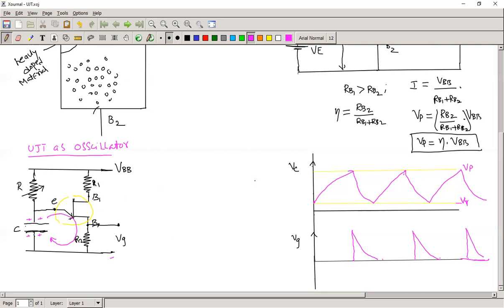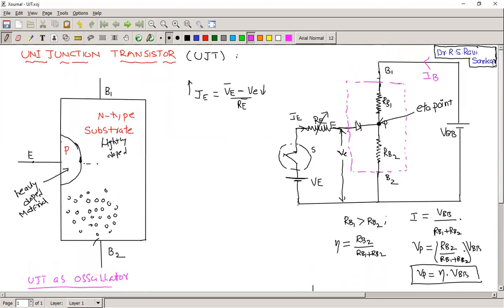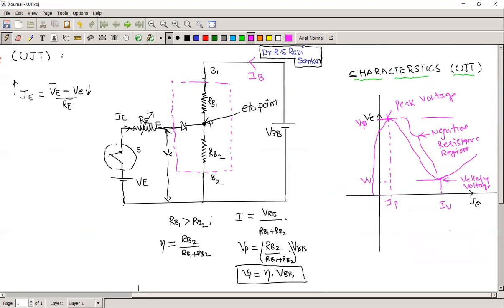In this class, we have studied the structure of the UJT, the symbolic representation, the equivalent circuit, and the different characteristics. What are the characteristics of the UJT? In which area are we using the UJT to generate the gate pulses? The negative resistance region we are using to generate the gate pulses for the SCR.